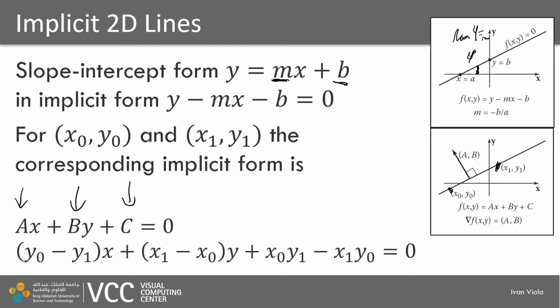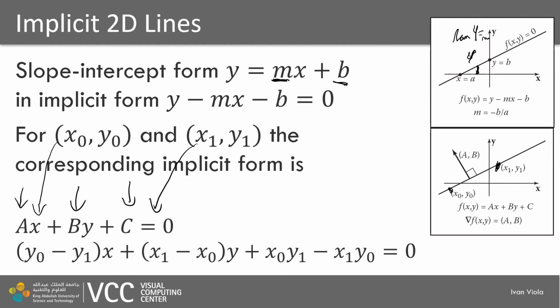Such an implicit form means that if we enter the point 0 into such an equation, it will be equal to 0. The same holds if we enter point 1 with the coordinates x1, y1, and also all the points in between, spanning the vector 0, 1 between these 2 points. What we do not know are these terms A, B, and C, and we would need to calculate them.